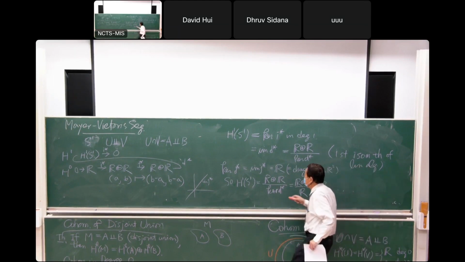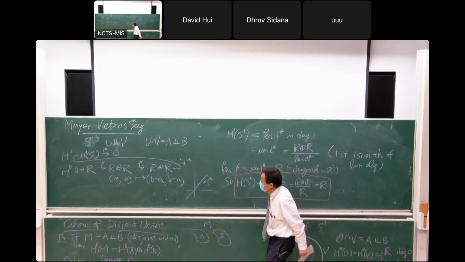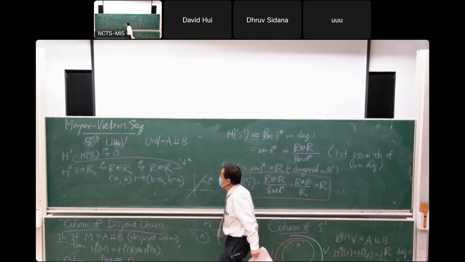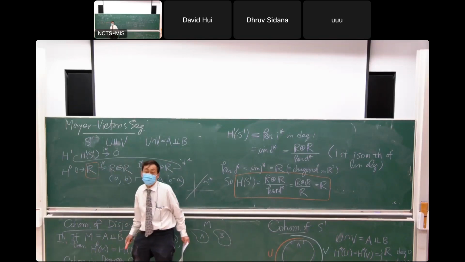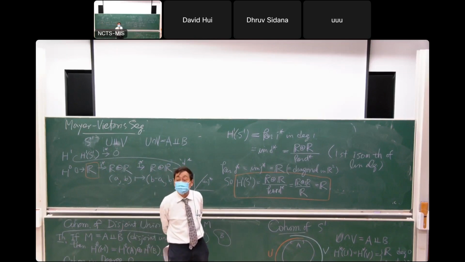And that's H1. And H0, well, H0 is here, right? And in all other dimensions, it's 0. Okay, so we have computed the cohomology of the circle.